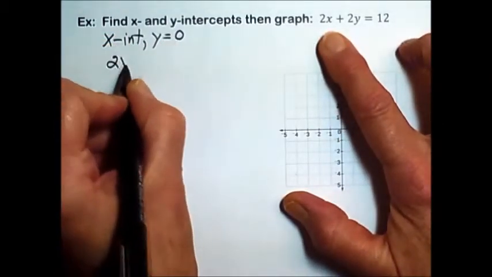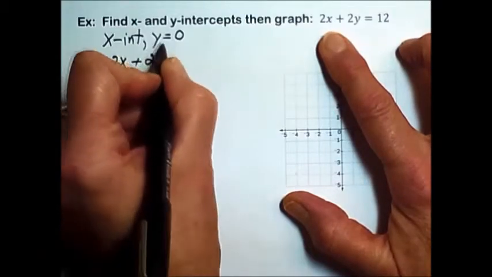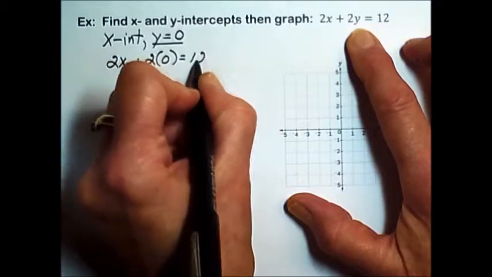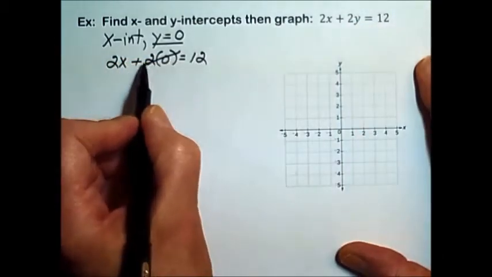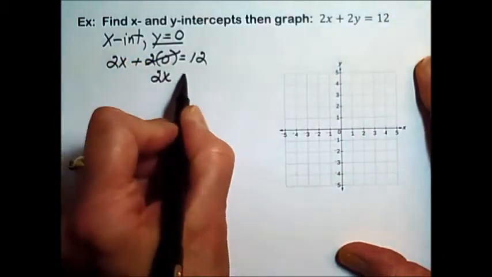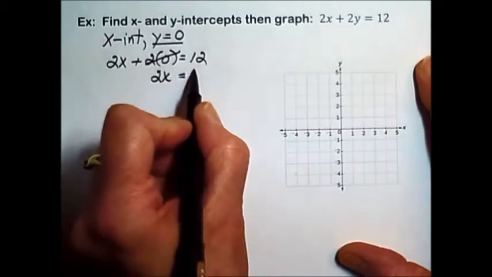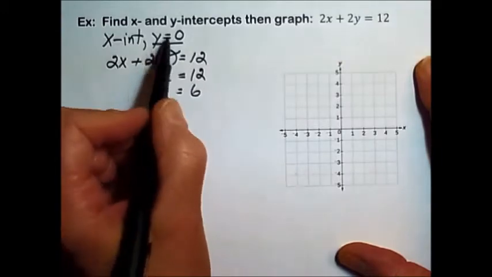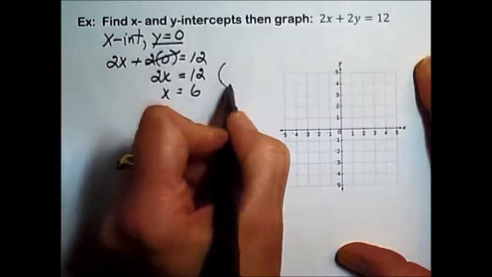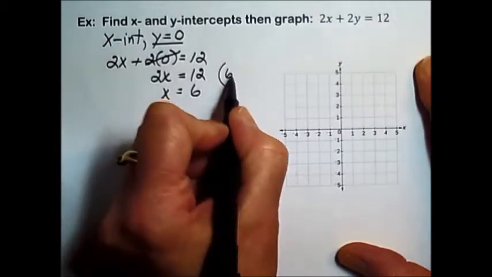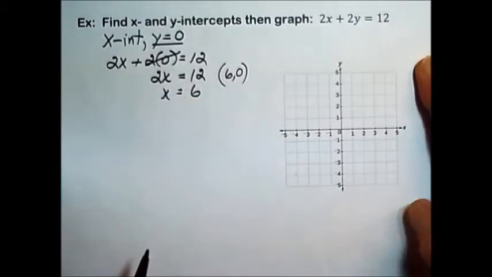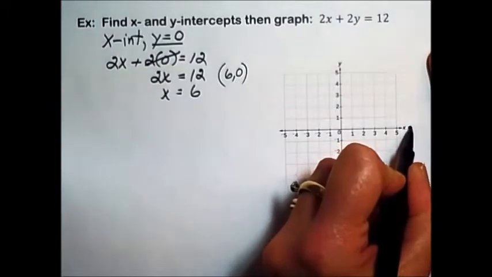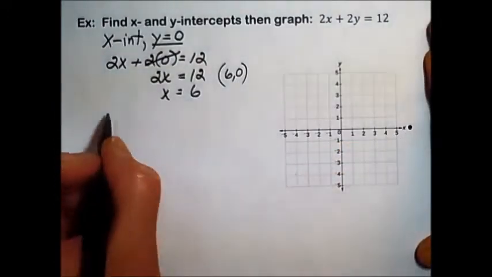So we'll put a 0 in place of y. That cancels out, leaving 2x is equal to 12. Divide both sides by 2, and we end up with 6. If you summarize that, always with your x value first for your ordered pair, we have the point 6, 0, which unfortunately is off my graph, but I think you get the idea.